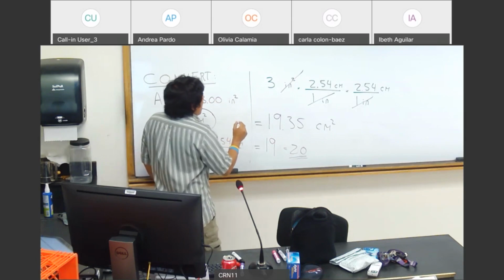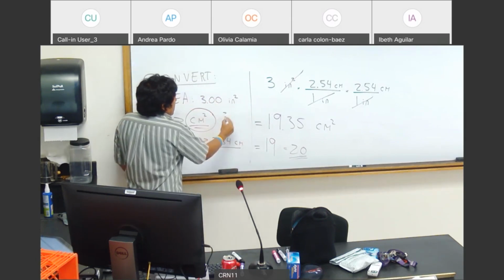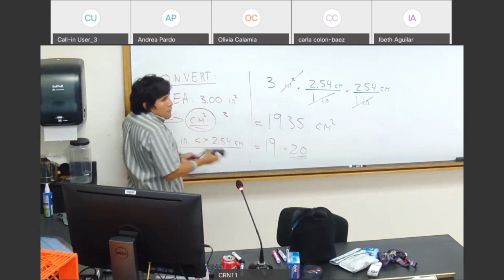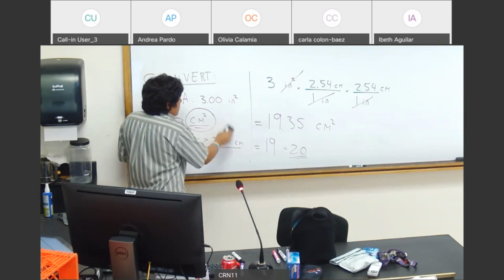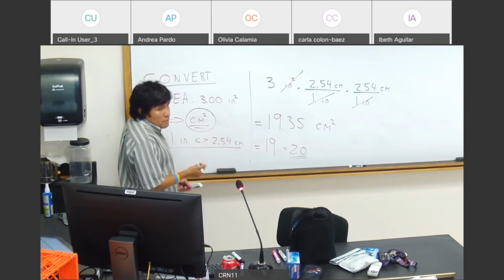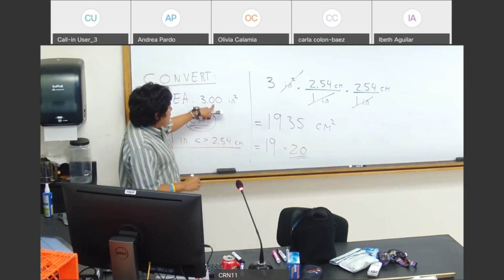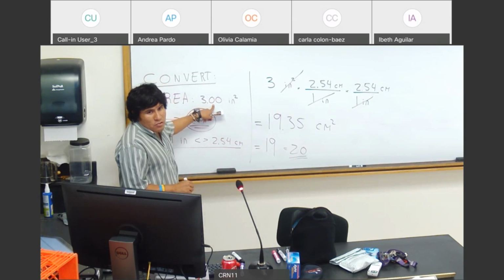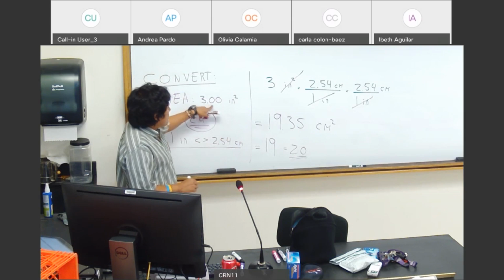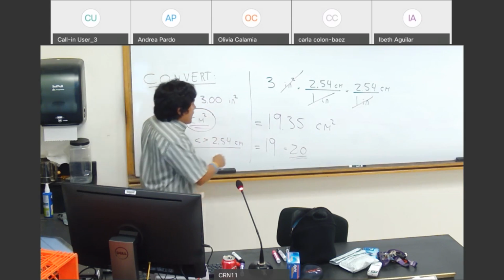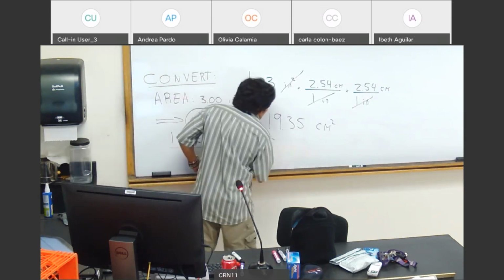The difference between 3.00 and 3 by itself, in terms of math, no difference. But in terms of science, physics, chemistry, even bio, it tells you how accurate your measurement was. So if you're doing a lab of this, remember, 3.00 has 3 significant figures.